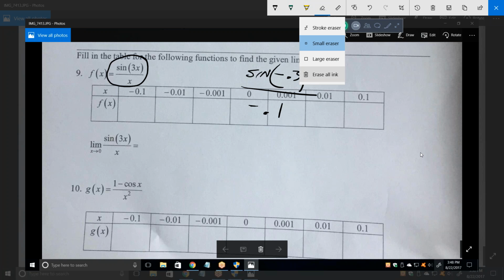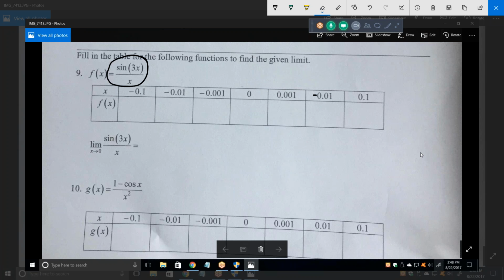Hold on. Sine of minus 3 divided by... Now you see why those are the numbers you have to put in? Because you're taking the sine of 3x. So it's 3 times minus 0.1. Wait, I'm confused as to why I'm doing it.